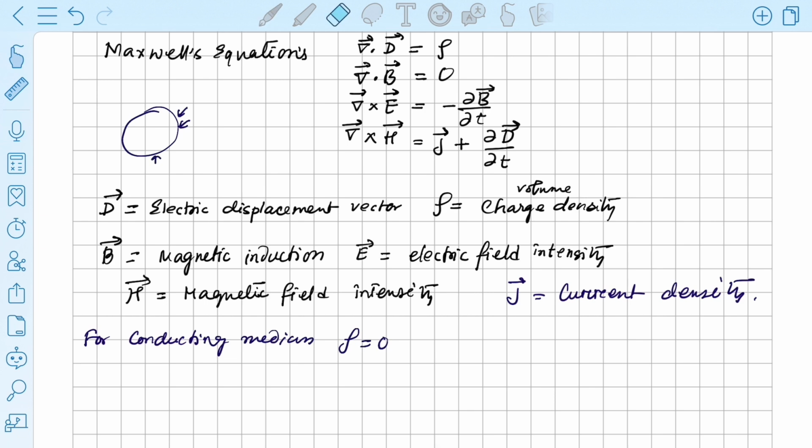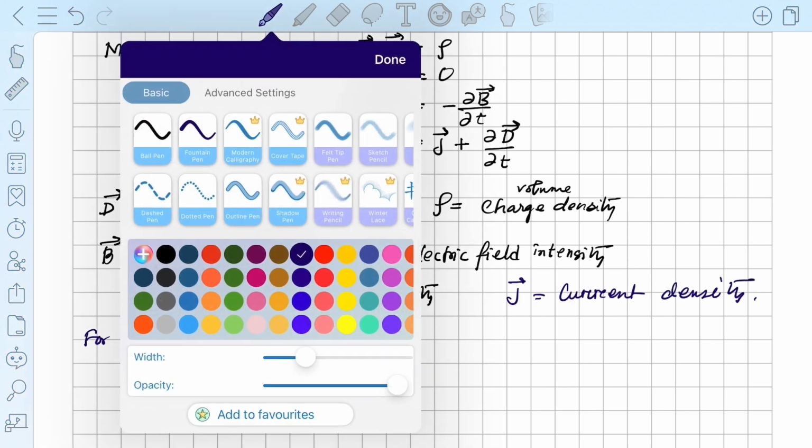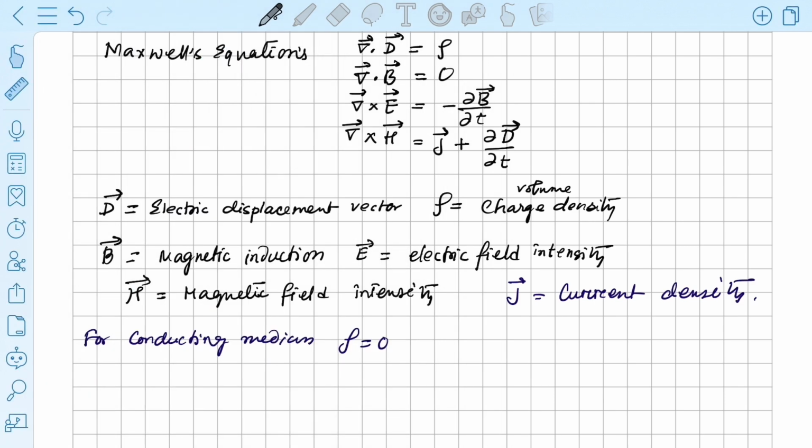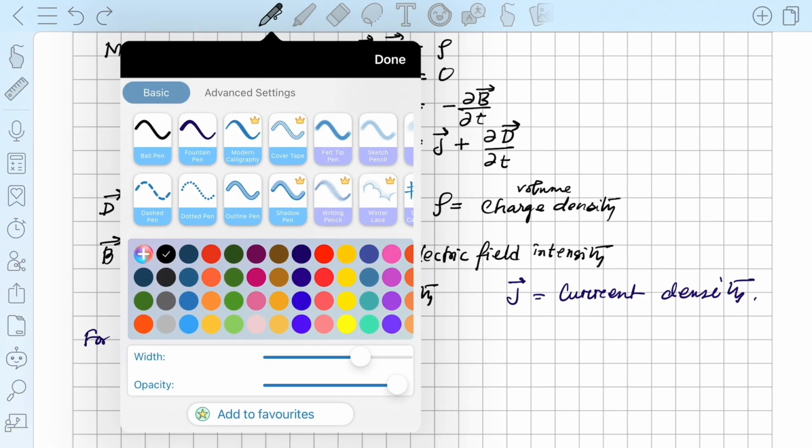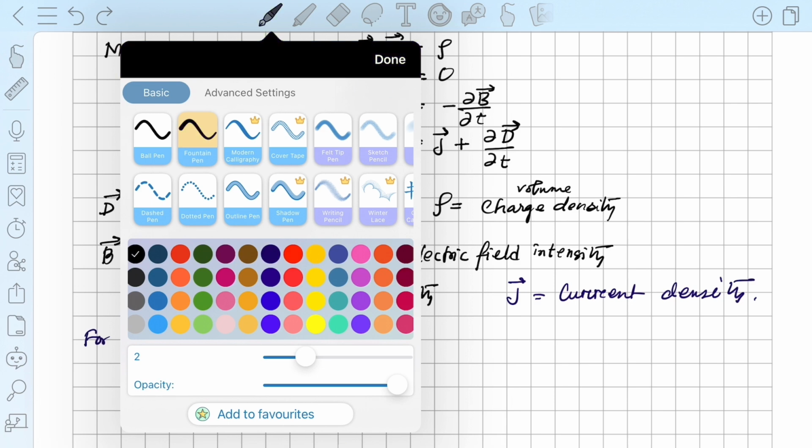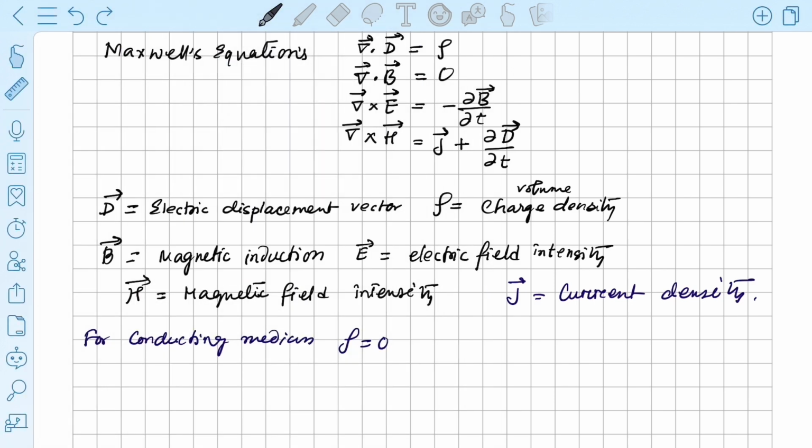That's why inside it, it is going to be 0. So this rho is equal to 0 in this case. If rho is equal to 0, then we can write the Maxwell's equations for a conducting medium.